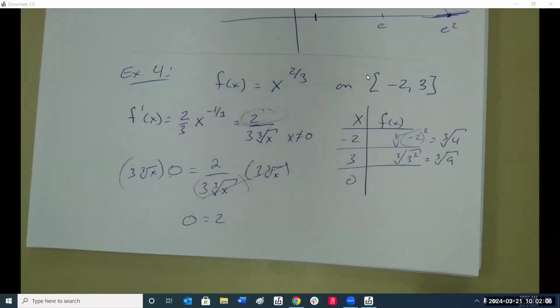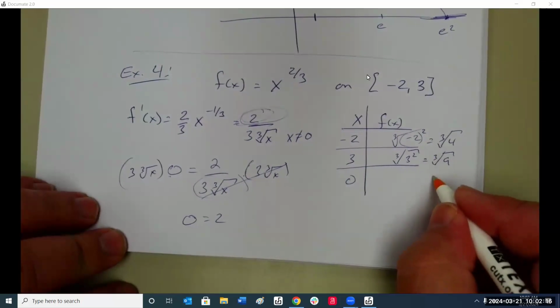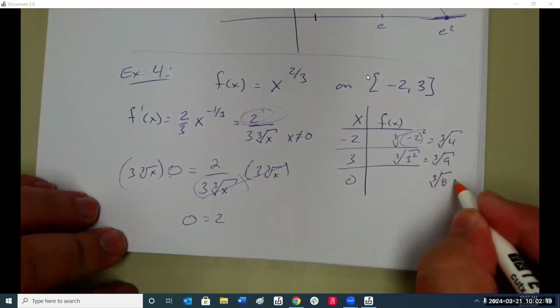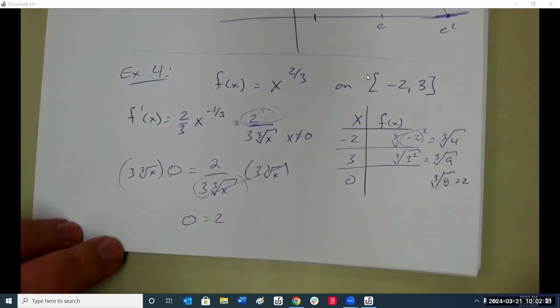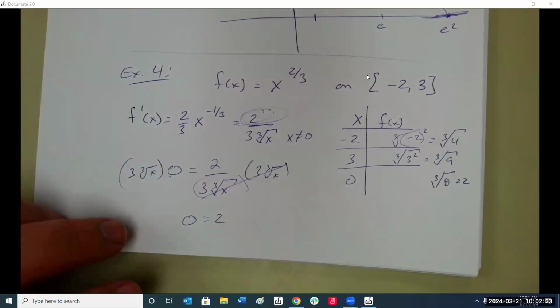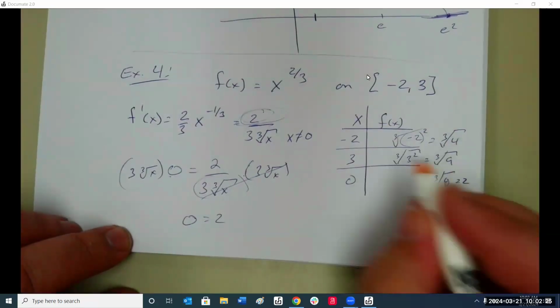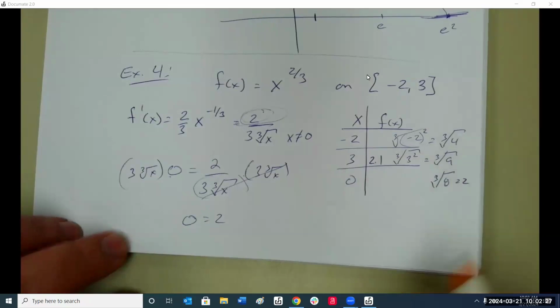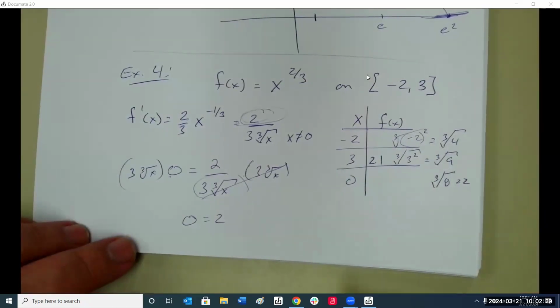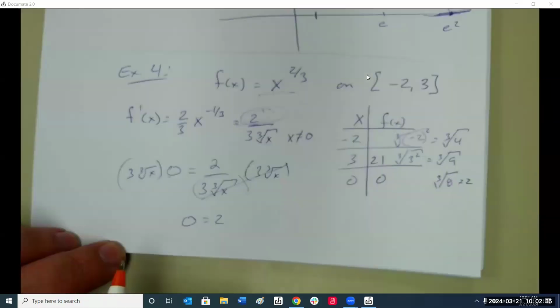That's a little bit bigger than 2, because the cube root of 8 is 2. Cube root of 9 is just a little bit bigger, so something like 2.1. At 0, we get 0.